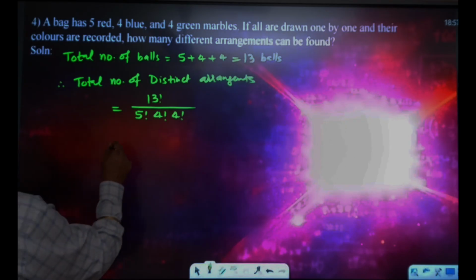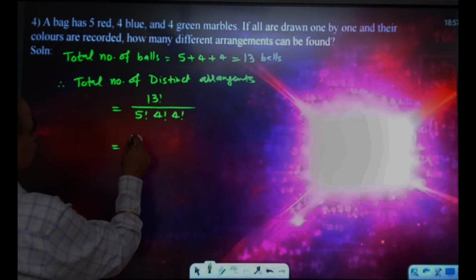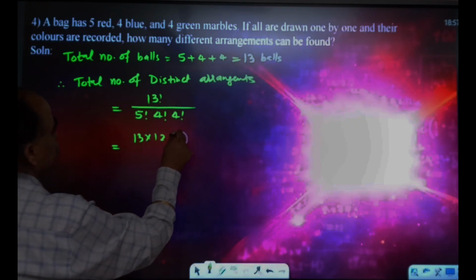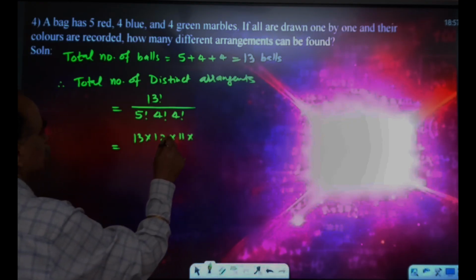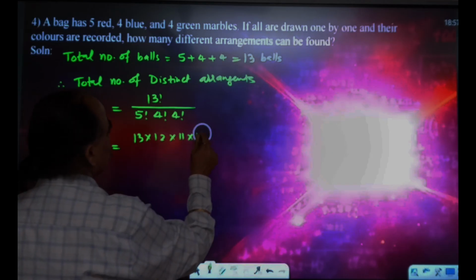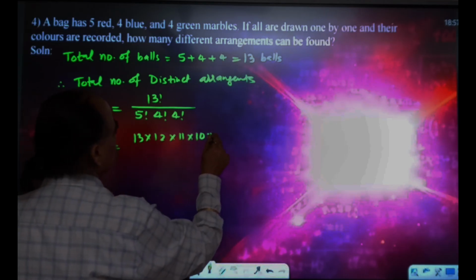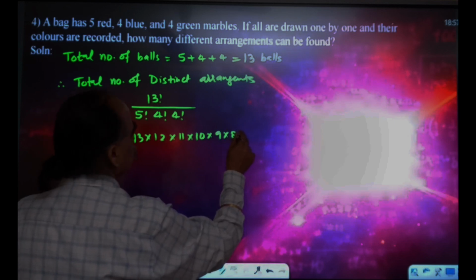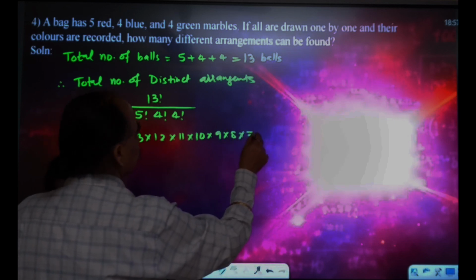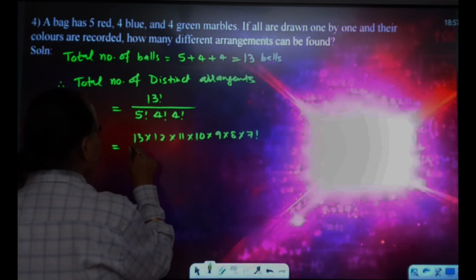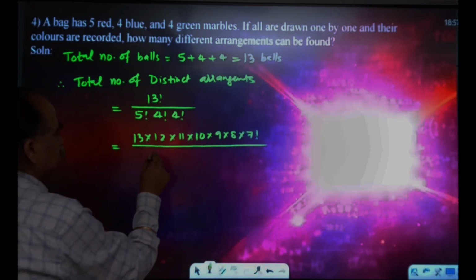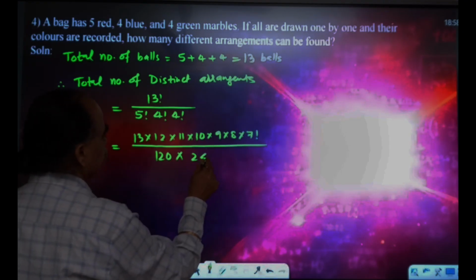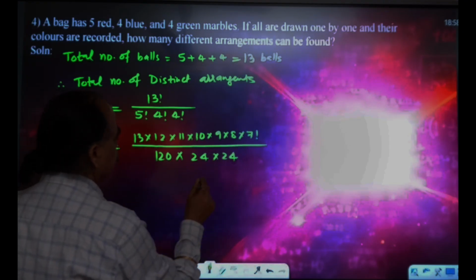So this can be written as 13 into 12 into 11 into 10 into 9 into 8 into 7 factorial divided by 5 factorial, 120, 4 factorial 24, 24.